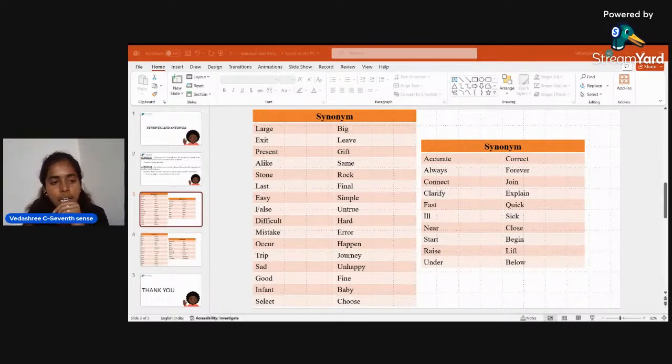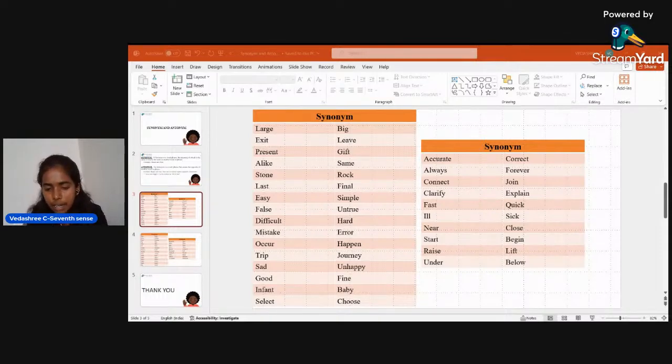Synonyms are nothing but same meaning but different words. So here we'll take an example: mistake and error. Both are having the same meaning but different words. So these are the types of synonyms they may ask in your exams.